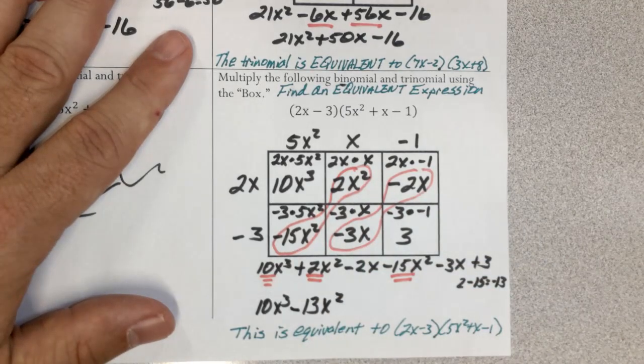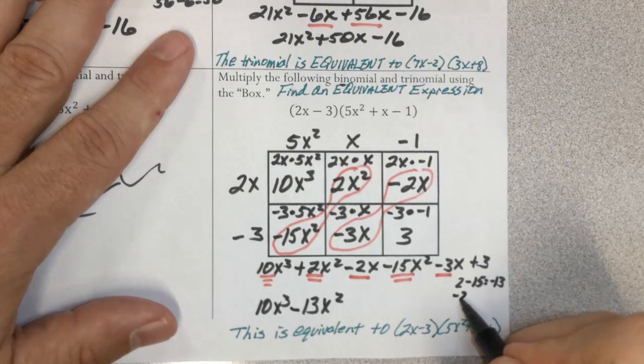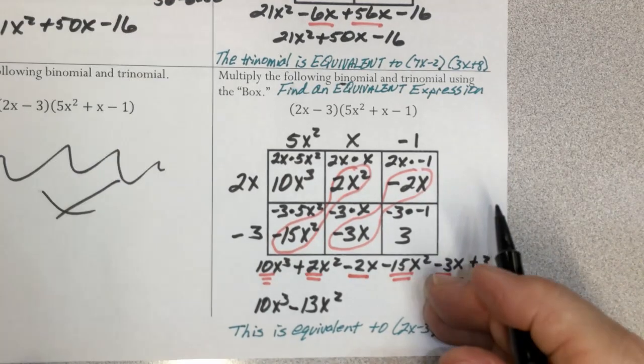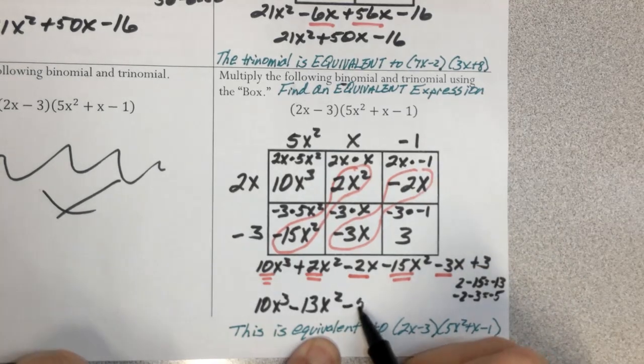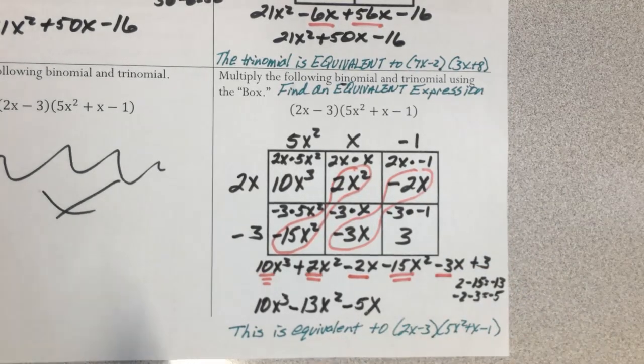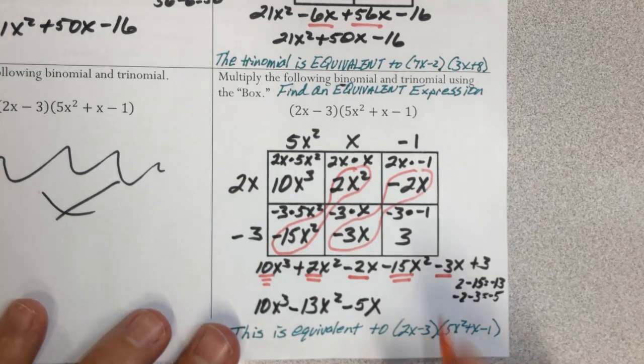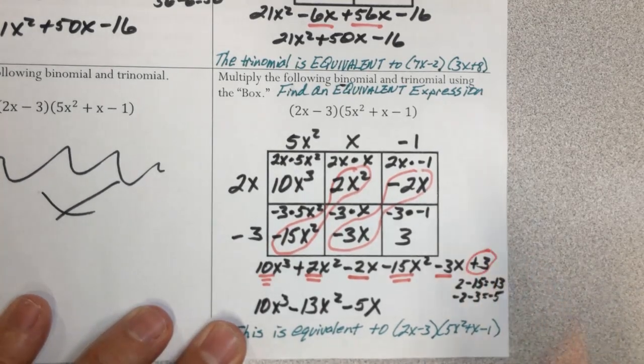And then we put together our x terms. So minus 2 and a minus 3. That'll be minus 5, so that's going to be minus 5x. Okay. And so now we have this lone constant right here, so we'll just put plus 3.